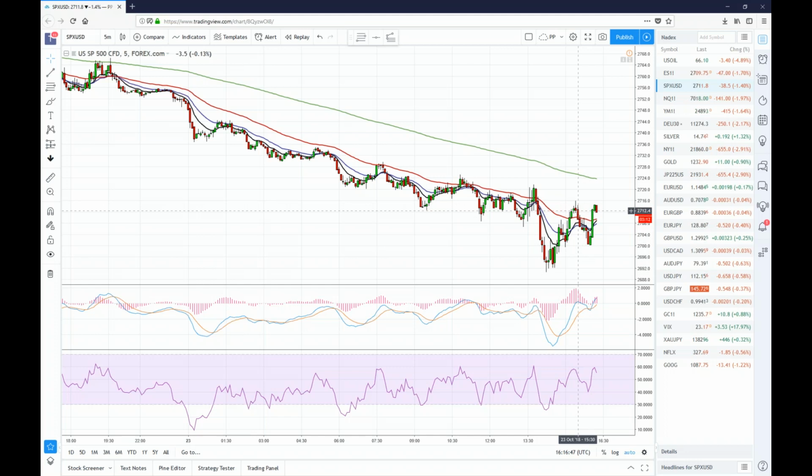Is this a tradable uptrend on the 5-minute chart? No, doesn't make sense. Could I use this now as a potential sign that the market is tipping over? Might be too soon. I would wait a little bit longer, but the key is to understand that this uptrend, higher highs and higher lows on the 5-minute chart, is just a pullback on the hourly chart.